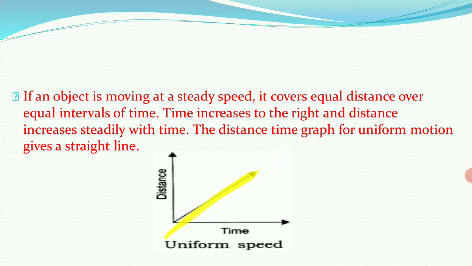This is for the uniform motion. If we plot a graph between distance and time, then for uniform motion you will get a straight line. Time increases to the right and the distance is steadily increasing with time. So the distance time graph for uniform motion always gives a straight line.